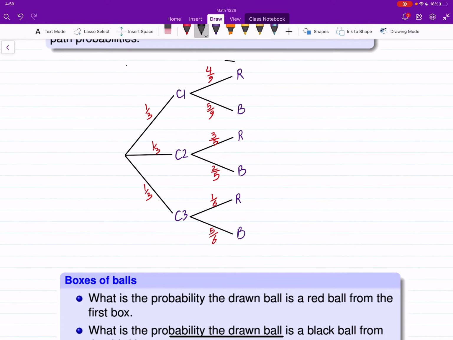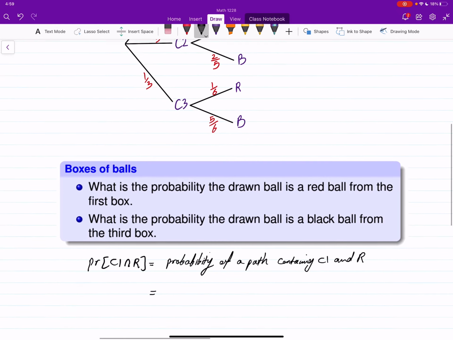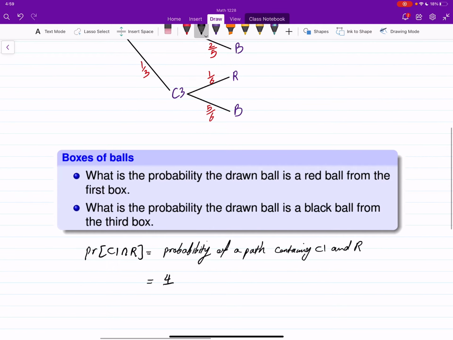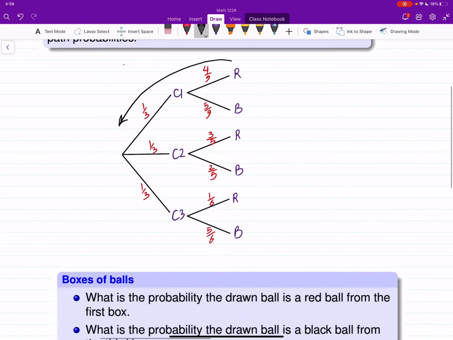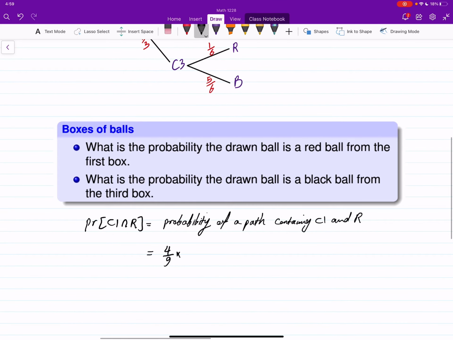So this is the path, and then you multiply the numbers along the way. So 4/9 times 1/3. That together is 4/27. Probability, that's the first part.